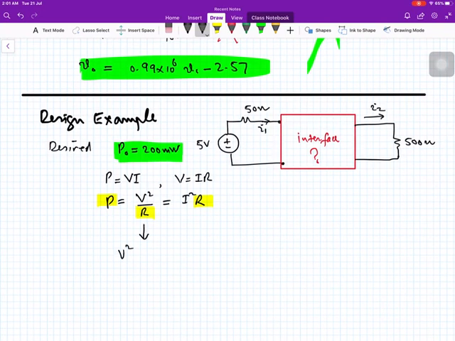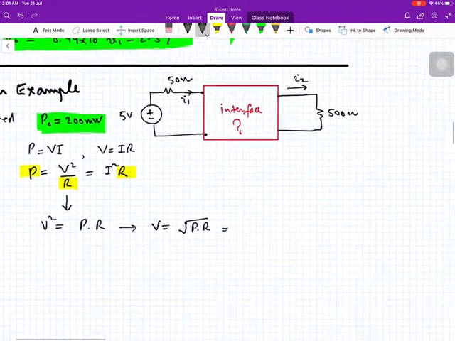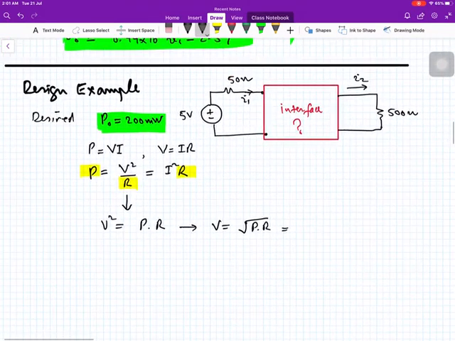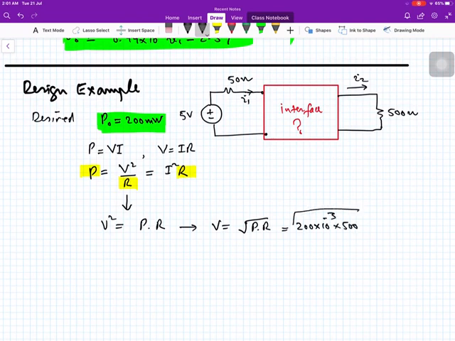So V square is the power multiplied by the resistance, and therefore V is the square root of power multiplied by resistance, and power is 200 milliwatt, and the resistance is 500 ohm, and therefore V is 10 volt.